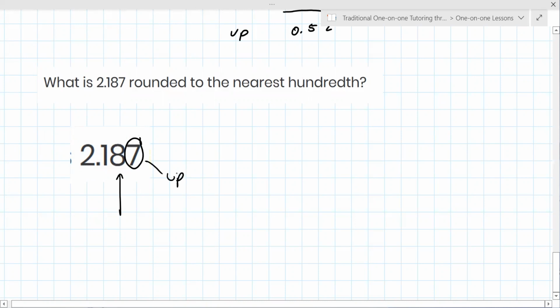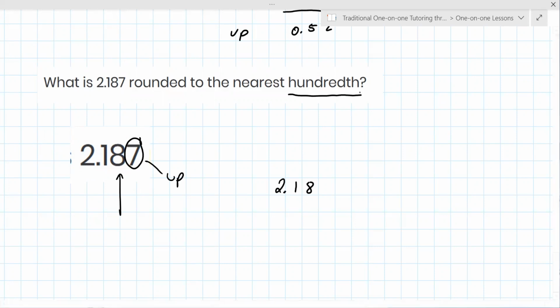Perfect. Okay. So since it rounds up, we write the number as is, but we have to add to it a hundredth. How much is a hundredth? Let's go back to the previous problem.